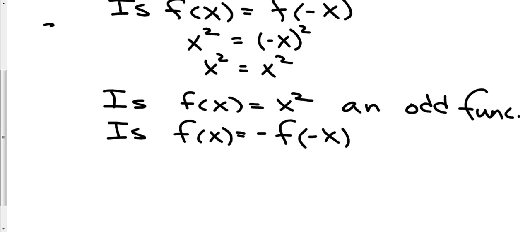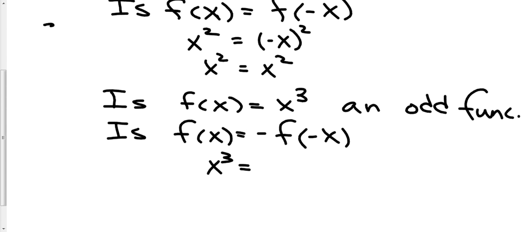Apply. So now I plug and chug, right? Oh, I put x squared. I meant to put, I think I said it, but I didn't write it. I meant to write x cubed. Is x cubed an even or an odd function? So now let's apply it. So if f of x is x cubed, well, this is x cubed.